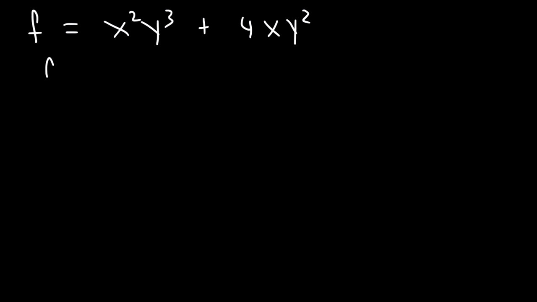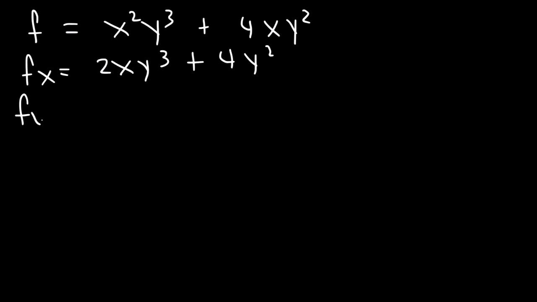So let's prove it. Let's say we have a function that's x squared y cubed plus 4x y squared. And let's prove that fxy is equal to fyx. So let's find fx first. fx is 2x y cubed plus 4y squared.